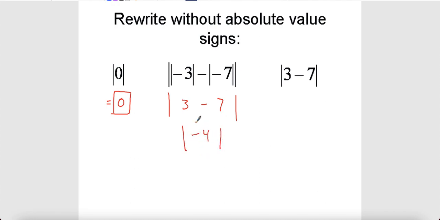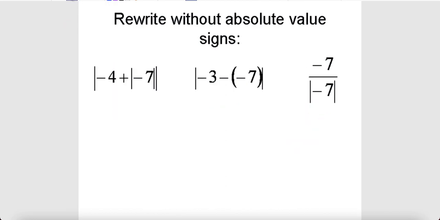Then I take the absolute value of that, and I get 4. Okay, 3 minus 7. Again, that's the same thing as what we had over here. So negative 4, which is 4.